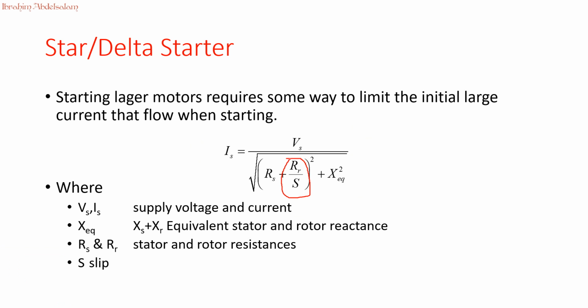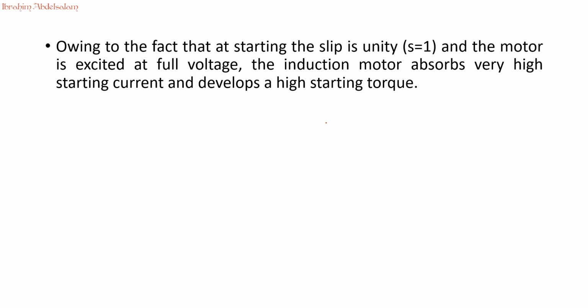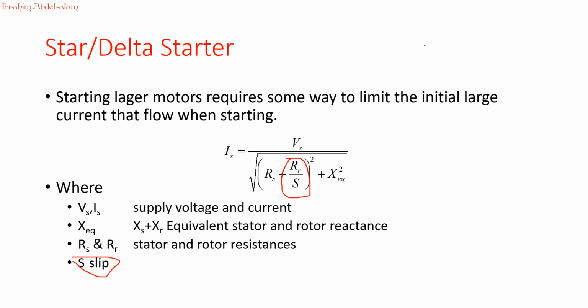We can see here the rotor resistance is divided by S, so the rotor resistance depends on the S value, or the slip value. At starting up S is equal to 1. This means if we go back to this equation, the equivalent rotor resistance is minimum.